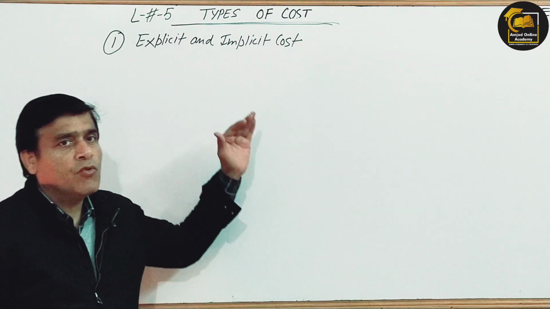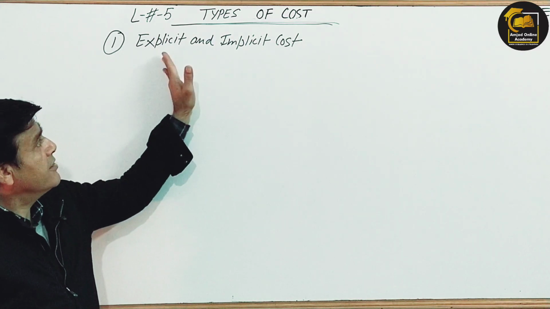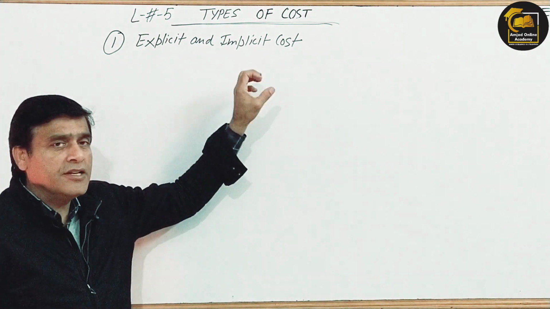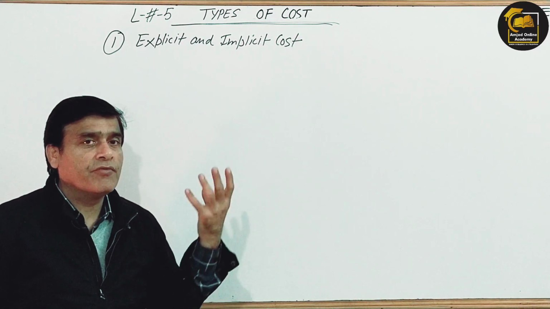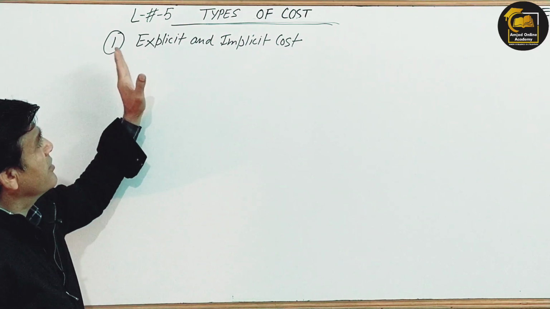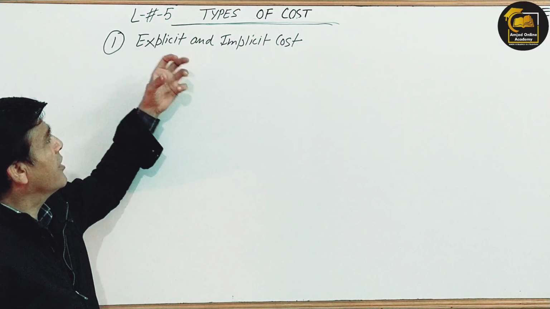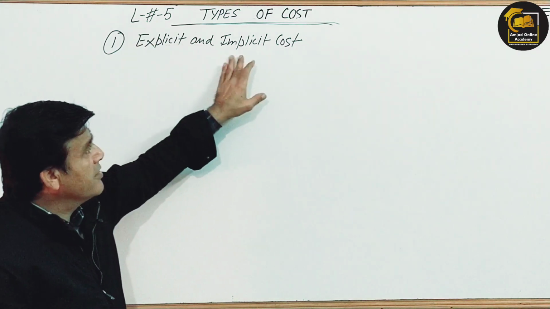So what do we mean by them? Whenever you start with any topic, try to derive the dictionary meaning, the literal meaning of it. For example, to understand explicit and implicit cost, try to take out the literal meaning of explicit or implicit.